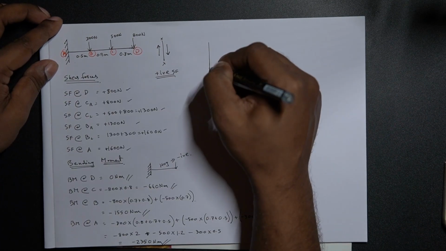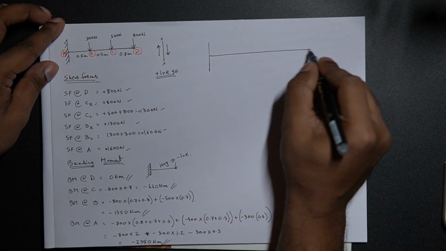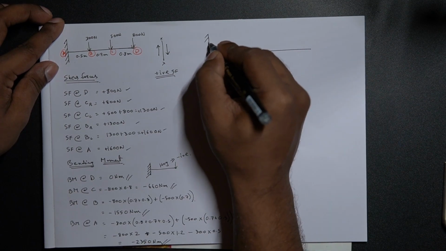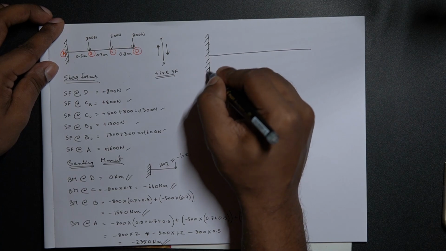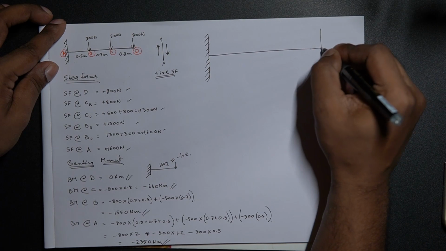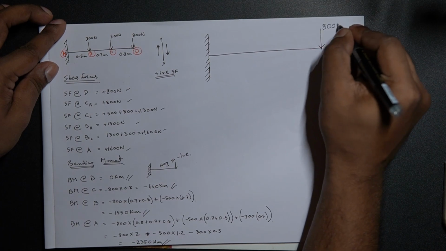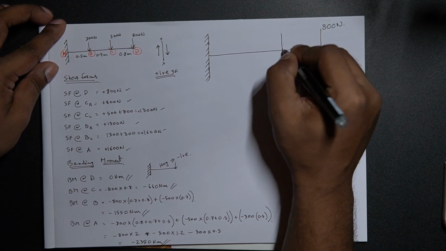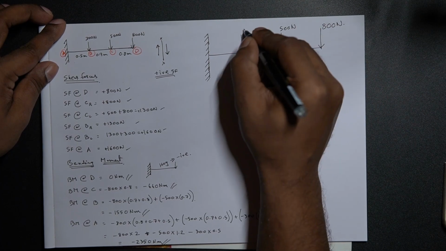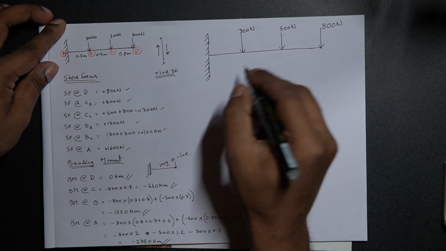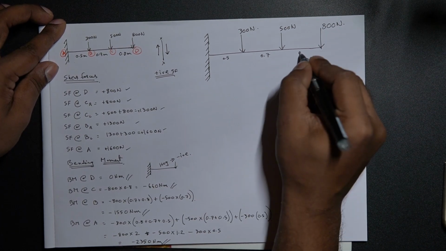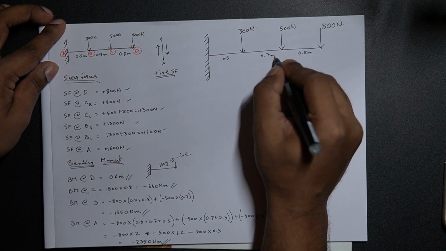cantilevered beam. So I'm just going to put the same diagram, just slightly bigger. I have 800 newtons here, 500 here, 300 here, at 0.5, 0.7 and 0.8 meter length.